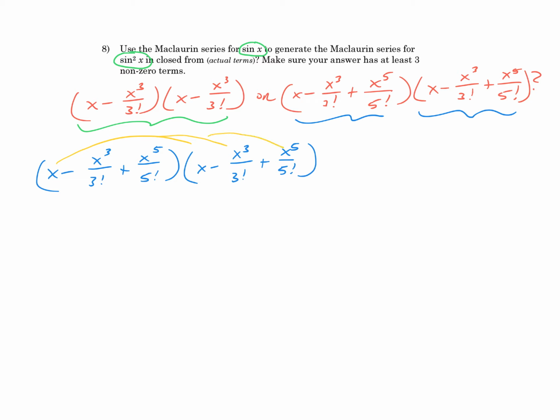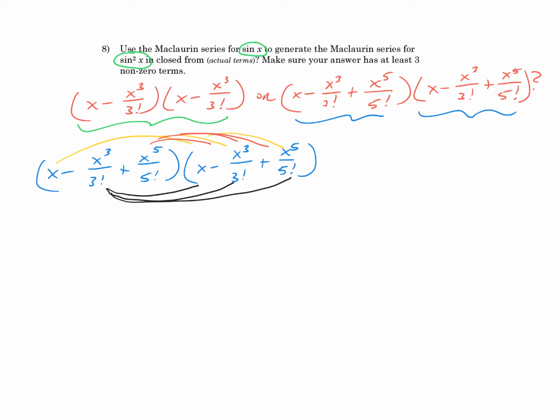Then when I'm done, I'm going to distribute the x cubed over 3 factorial into all terms. And last but not least, we'll bring in the x to the fifth to all terms that way. I think that's probably the best. You might multiply 3 by 3 in vertical format. I don't think I've ever done that. Anything that's correct is fine.